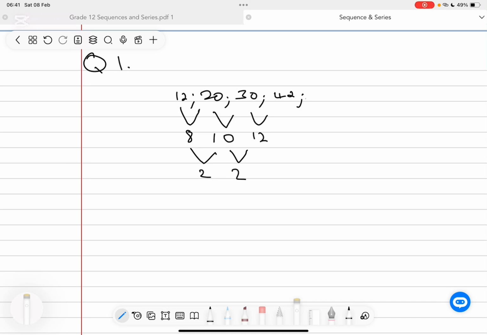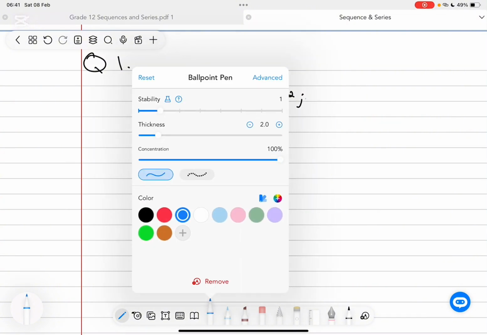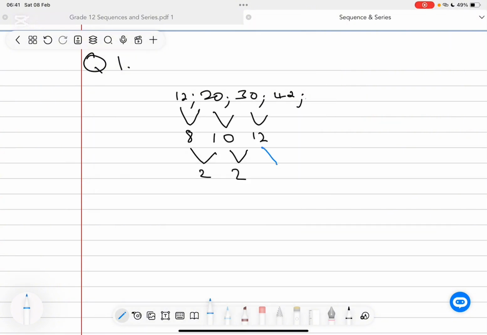So the pattern here, we still treat it the same way in which we did in arithmetic sequences. If I say 12 plus a 2, I should get a 14 here.